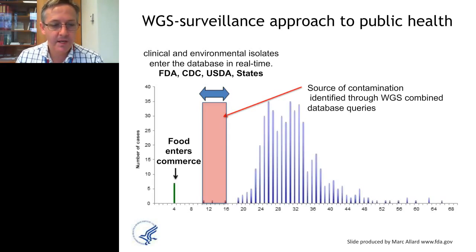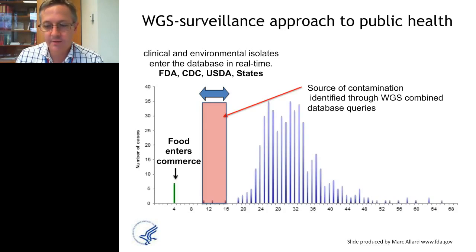But what's happened here is this is an example case where earlier in the outbreak, before it was clinically obvious, the Genome Tracker system was able to pick up very close genetic relationships between bacteria that had been uploaded from laboratories across the United States, and recognize that there was probably a contaminated food source.